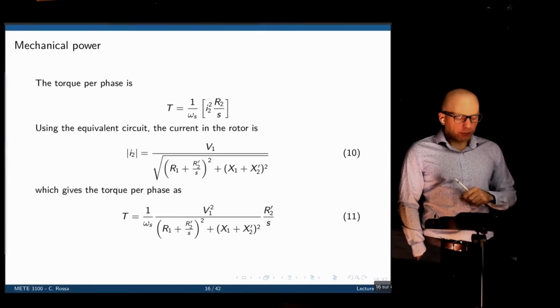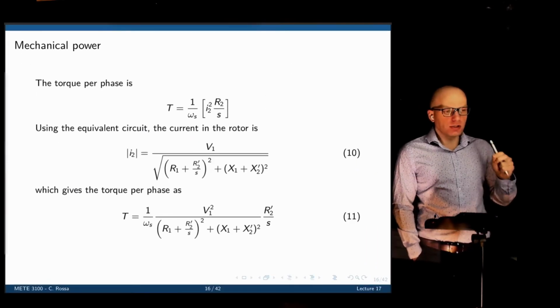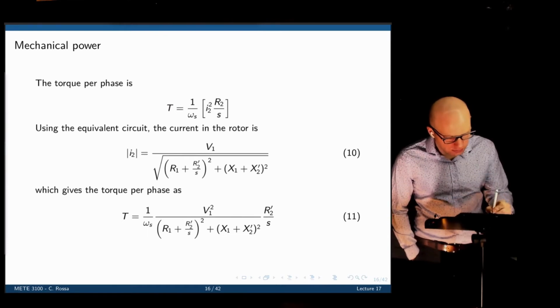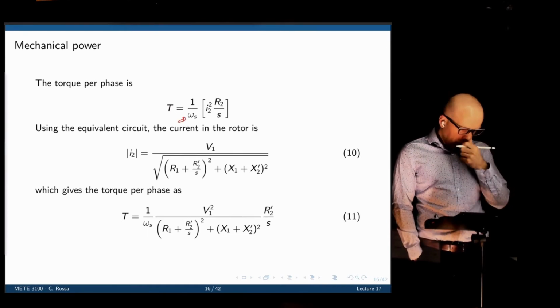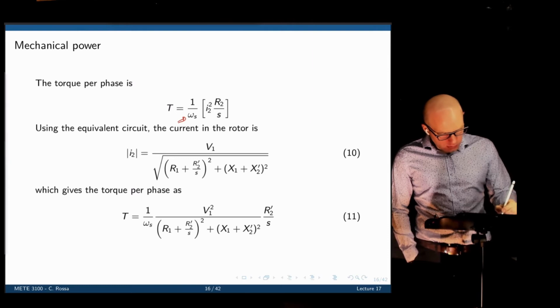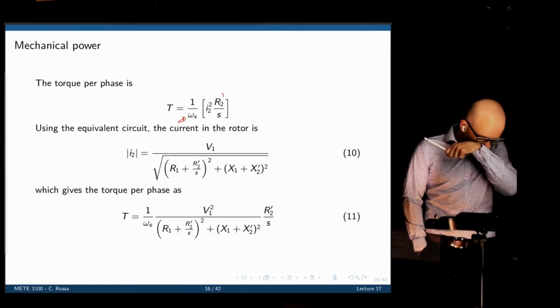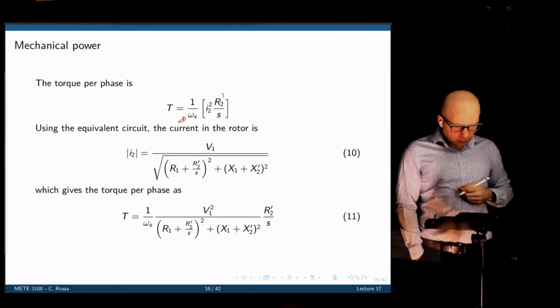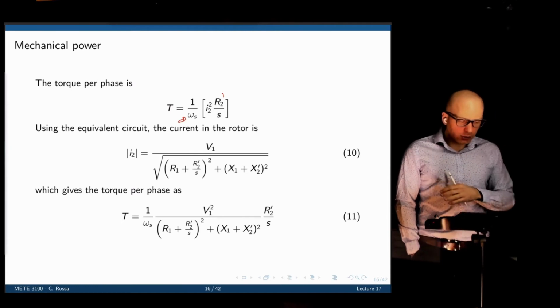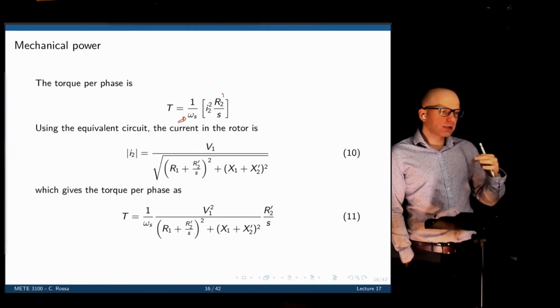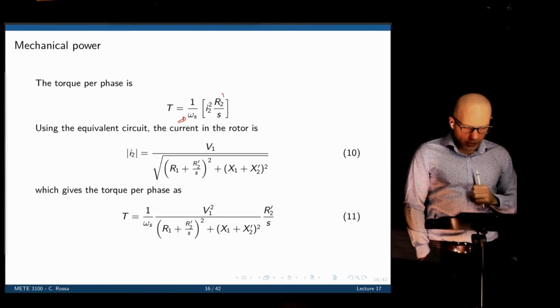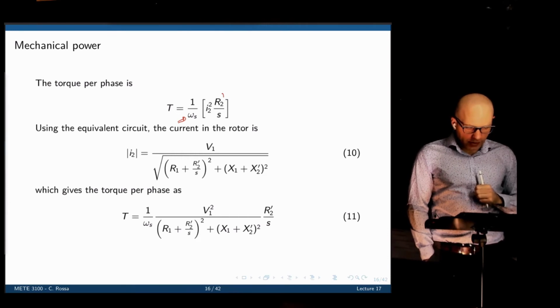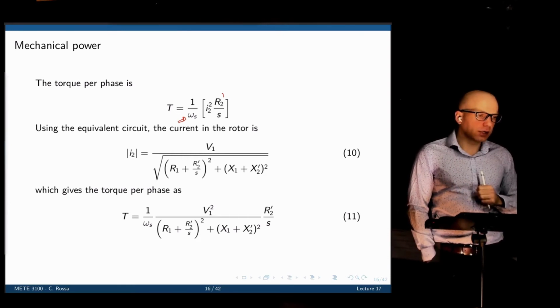So that's the torque per phase. Once again, it's 1 over the synchronous speed in radians per second times I2 squared, R2. This should be I2 prime, R2 prime. If we go back to the circuit, we neglect the magnetizing inductance, and we neglect also the eddy current loss.